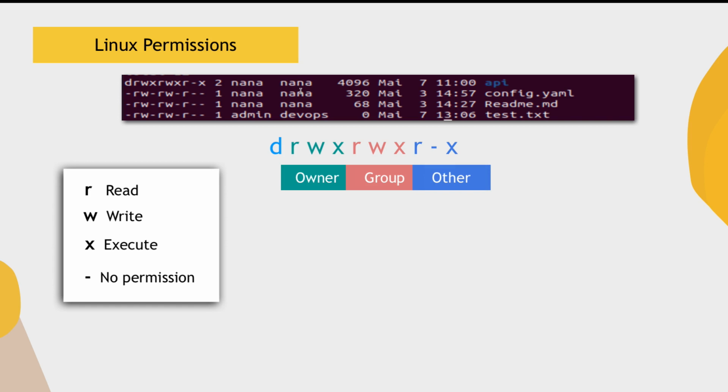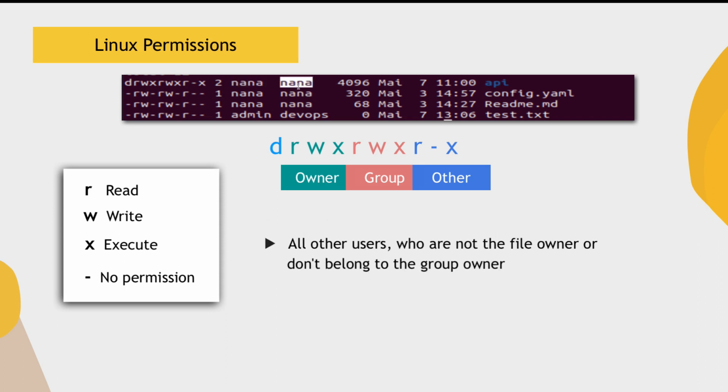So all the other users who are not user Nana or who don't belong to the group called Nana. So everybody else who is not covered by these two is the third owner. And this owner is actually called other. For example, in this case, this will be user Tom, which is not part of a Nana group.